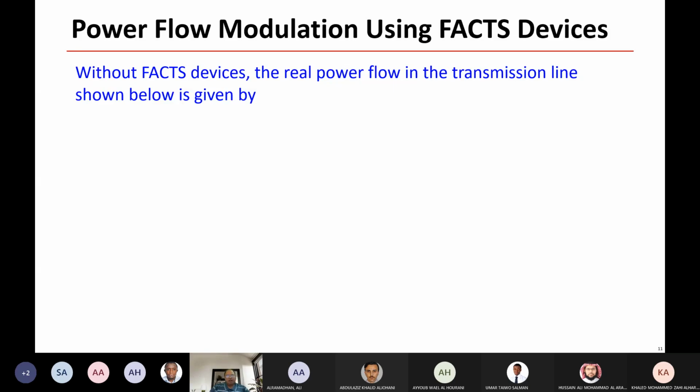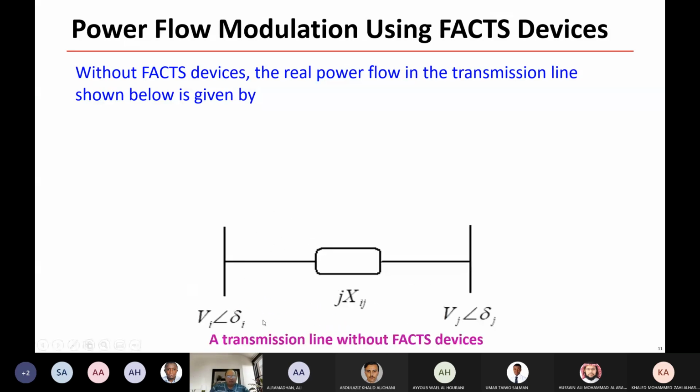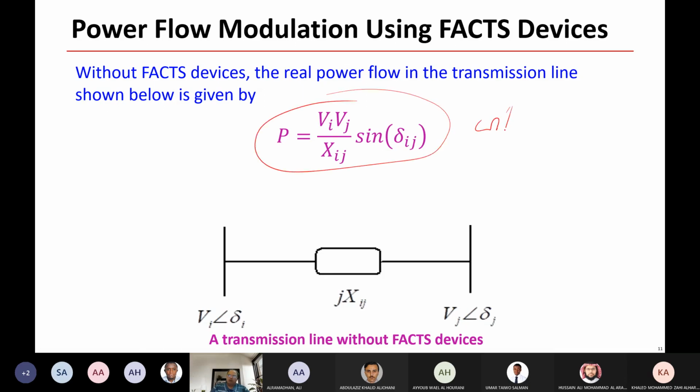Without FACTS devices, consider the real power flow in the transmission line. This is the first bus, Vi with angle delta i, and this is the second bus, Vj with angle delta j, and the reactance here is Xij. So you can easily write Pij equal to Vi Vj over Xij times sine of delta ij. So this is the power without any compensation, without FACTS.